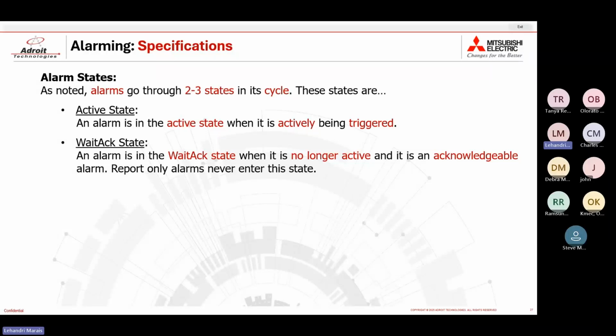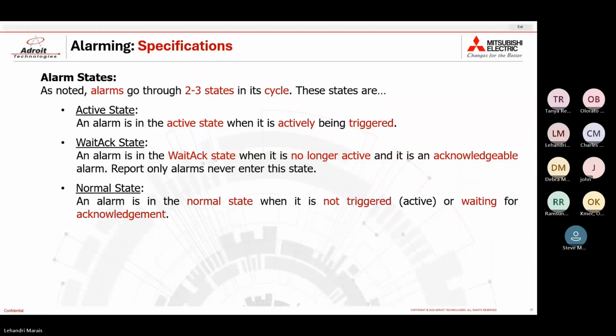This is the state when the alarm is no longer active, but this is an acknowledgeable alarm, so the alarm is waiting for user acknowledgement before returning to your normal state. So report-only alarms will never enter the wait acknowledge state.